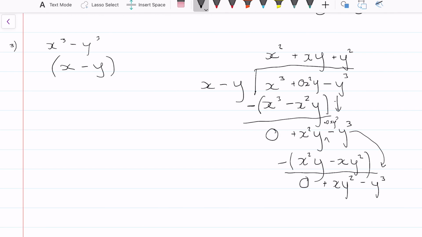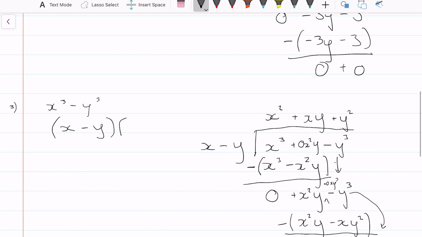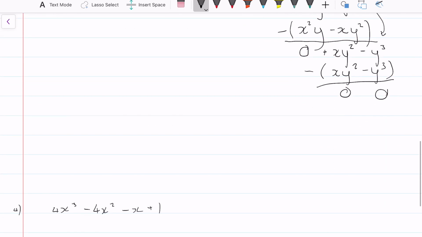Okay, when we multiply that through, we're going to get xy squared minus y cubed minus these two terms, and we get 0, 0. So we know our second factor is x squared plus xy plus y squared, and that doesn't factorize anymore. So that is our answer.